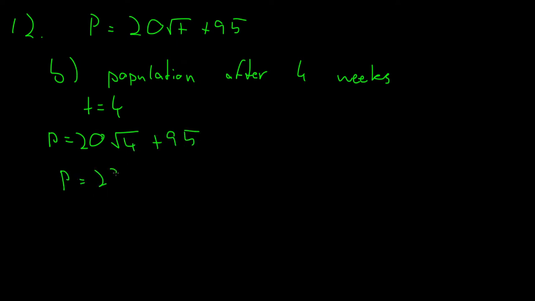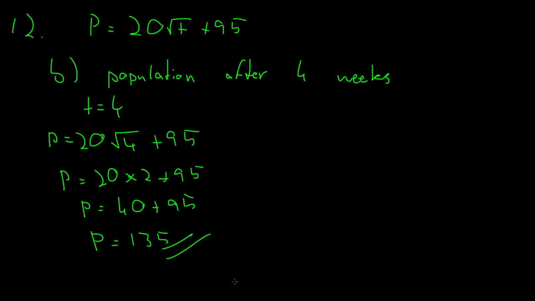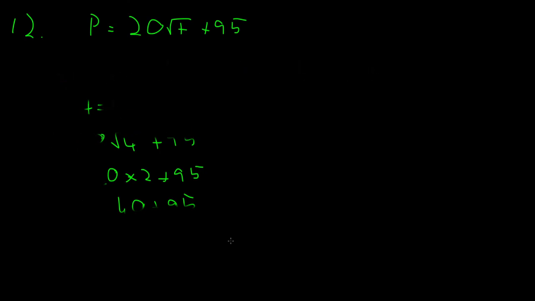P equals 20 times root 4, which is 2, plus 95. P equals 40 plus 95, 135. And that's the answer to the population of mice after 4 weeks. So yeah, so far no calculus, just algebra really. Alright, so this one will need calculus.